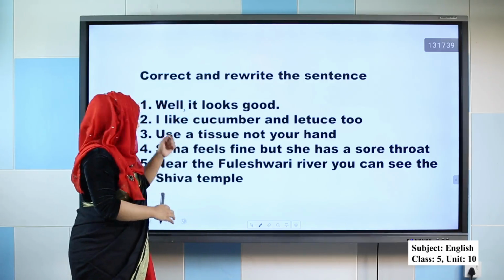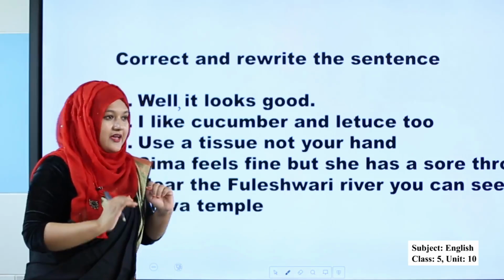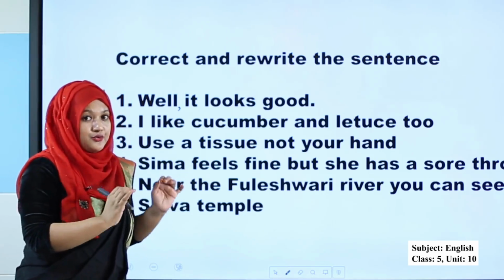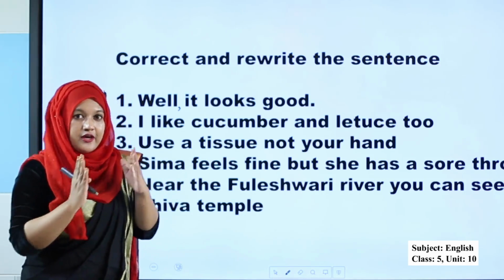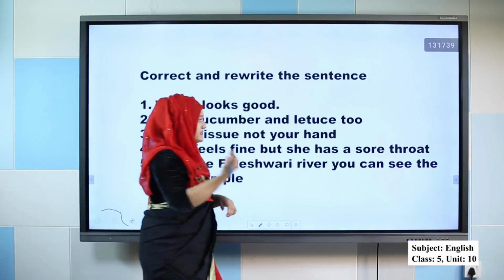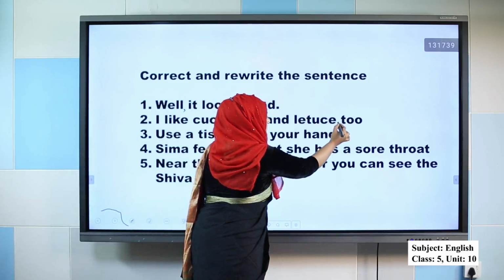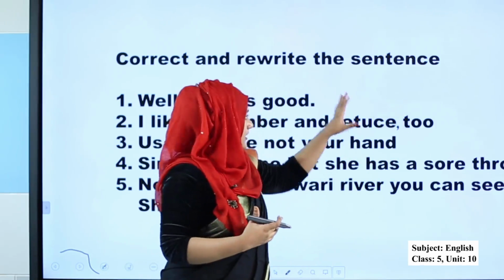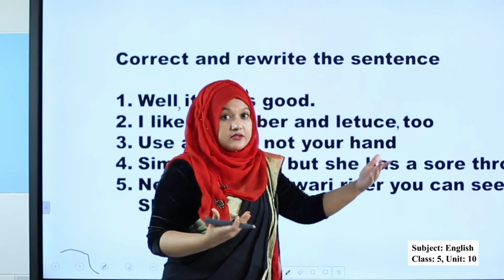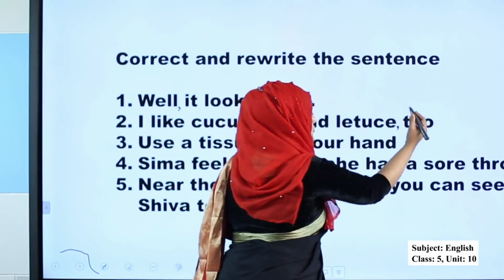You can see 3, 4, 5, and in every sentence you need to use commas and full stops. So now I'm going to separate this sentence using a comma here. And we know after completing the sentence we use a full stop, so we should use a full stop.